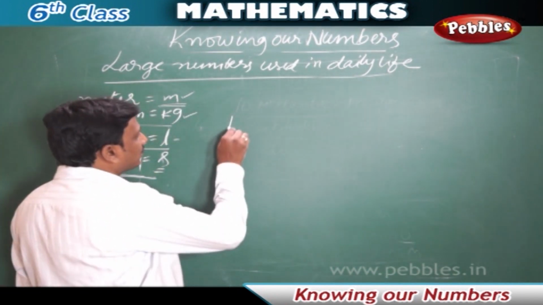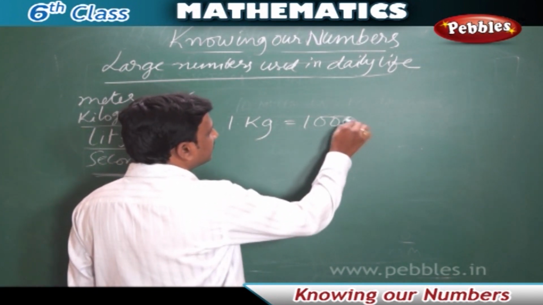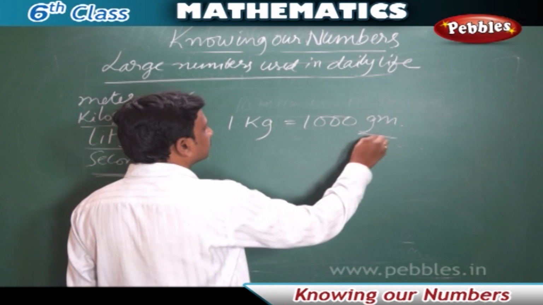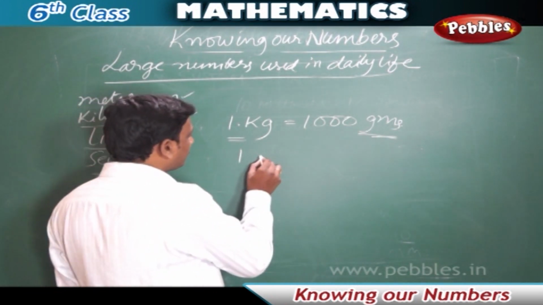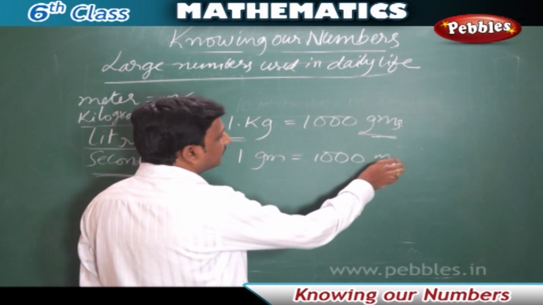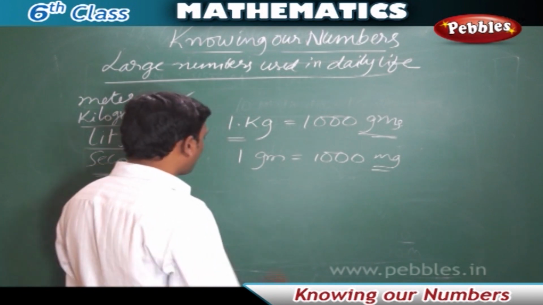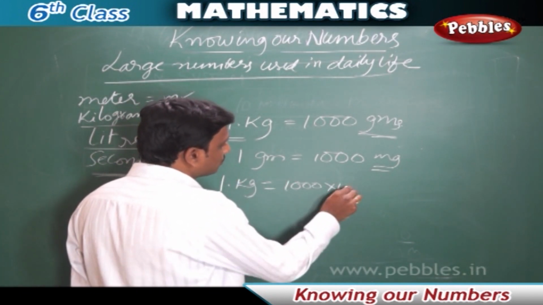And even for weight, 1 kilogram is equal to 1000 grams, and 1 gram is equal to 1000 milligrams. So 1 kg is equal to 1000 into 1000.